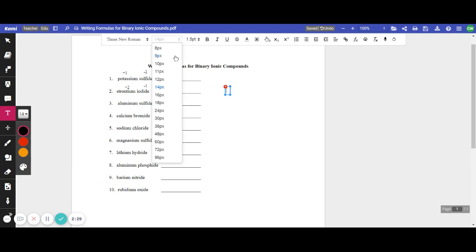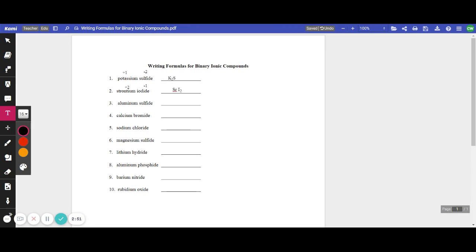We want those to cancel out, and in order for that to work, we need 2 iodide atoms bonding with strontium. So we have SrI2 for strontium iodide.